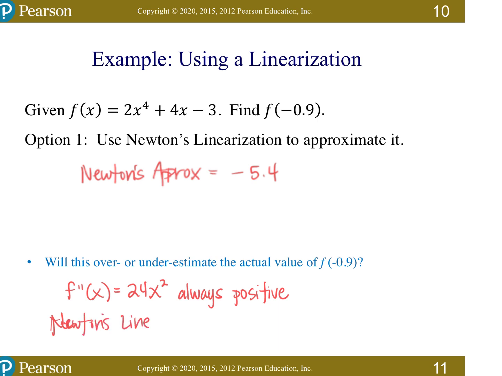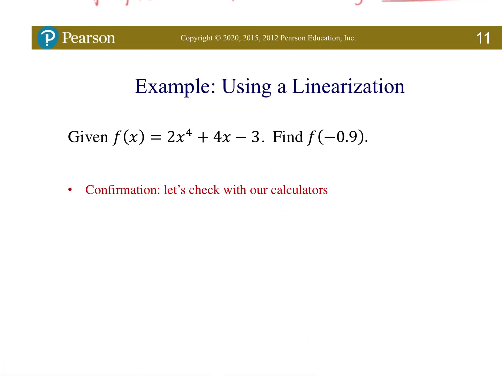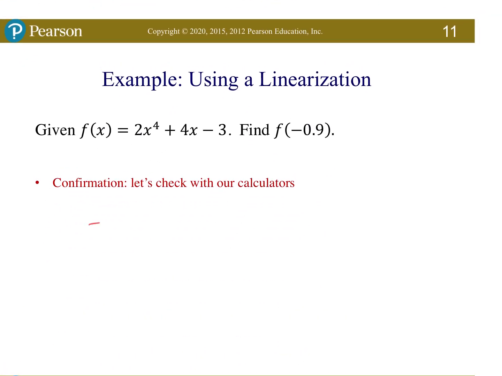So Newton's linearization would always underestimate. And he knew that, and he was willing to concede that an underestimation was fine, as long as he knew it would be a little bit under the actual value. And so then, yes, you actually checked it with your calculators.